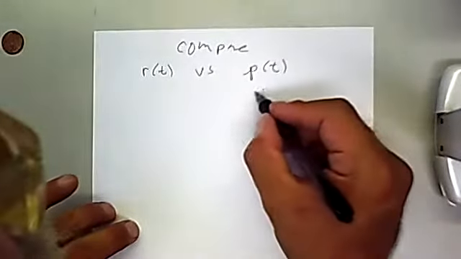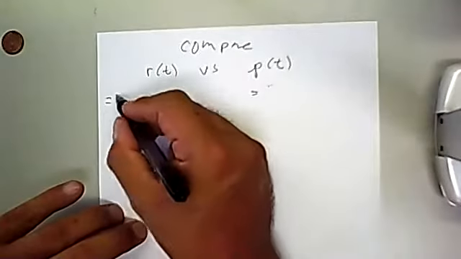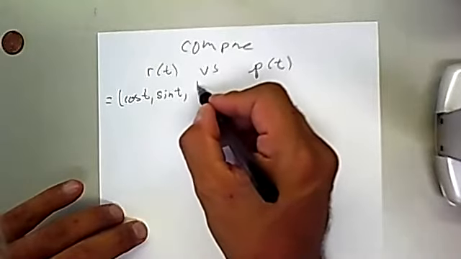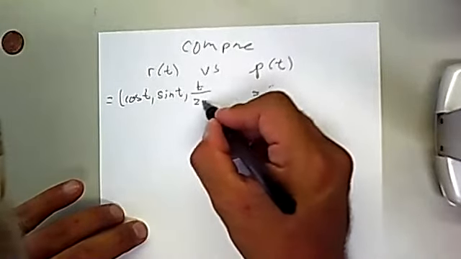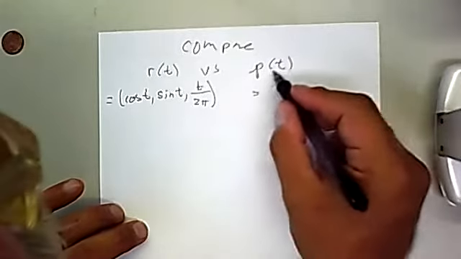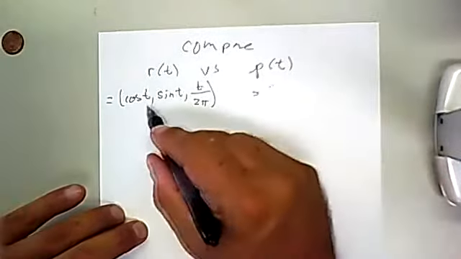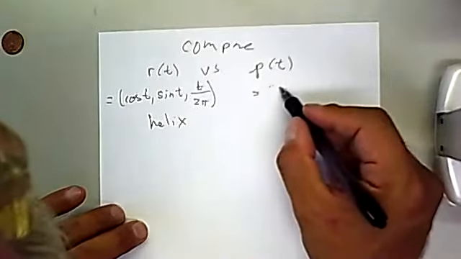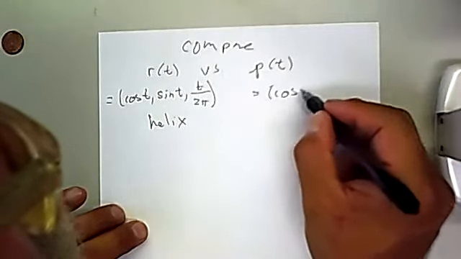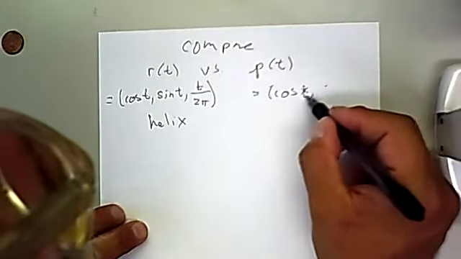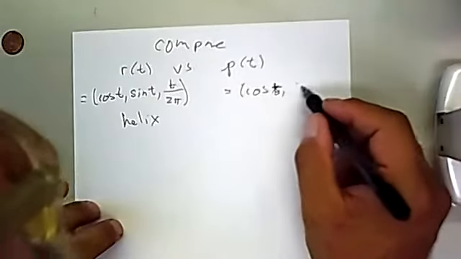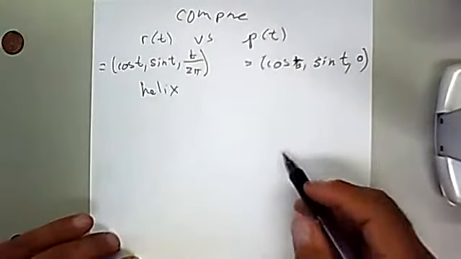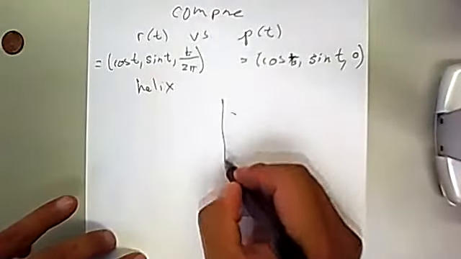Let me remind you, P of t is the projection of R. R is cosine t, sine t, t over 2 pi, versus P of t, which is the projection of this helix onto the xy plane, so that we have cosine of t, sine of t, and 0. Yep. So let me show you both.